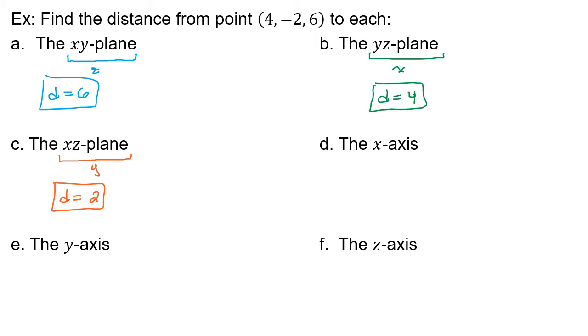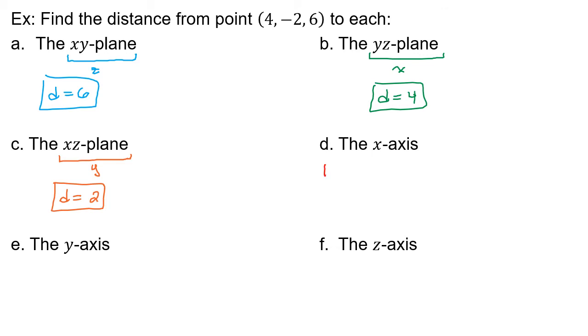Now as far as the x-axis, y-axis, and z-axis, you'll probably want to put a point in there to kind of see how this works. So let's go with red. If I'm going to do the x-axis, for instance, what happens is the 4 needs to go away because I'm going to subtract that part off.